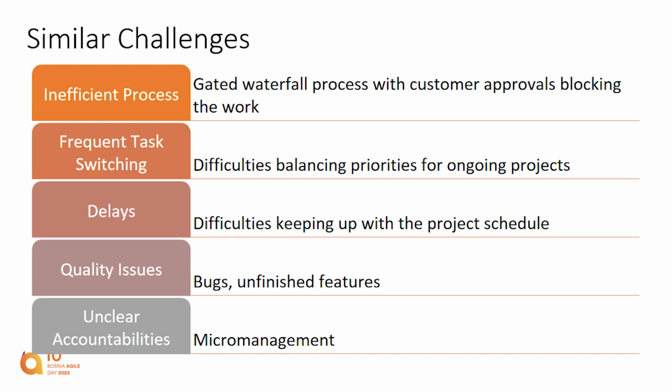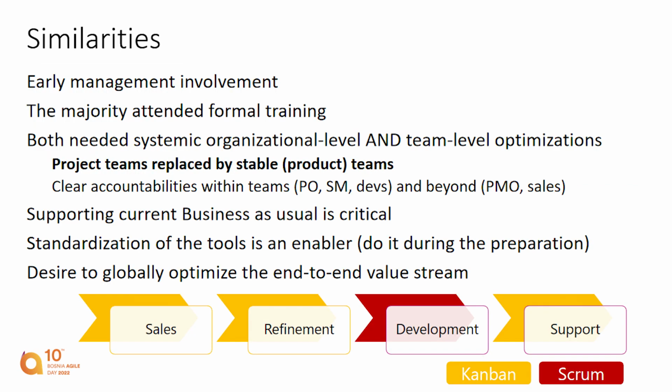So these were all similarities, all nice challenges to deal with, and obviously there were good reasons to start with the transformation. And they did start with their transformations, and fortunately there are still similarities.